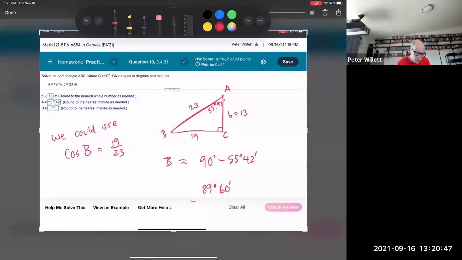And then I'm going to subtract 55 and 42. And so that's going to give me 34/18. Questions about how I got angle B there? Well, I've got it on the screen here.